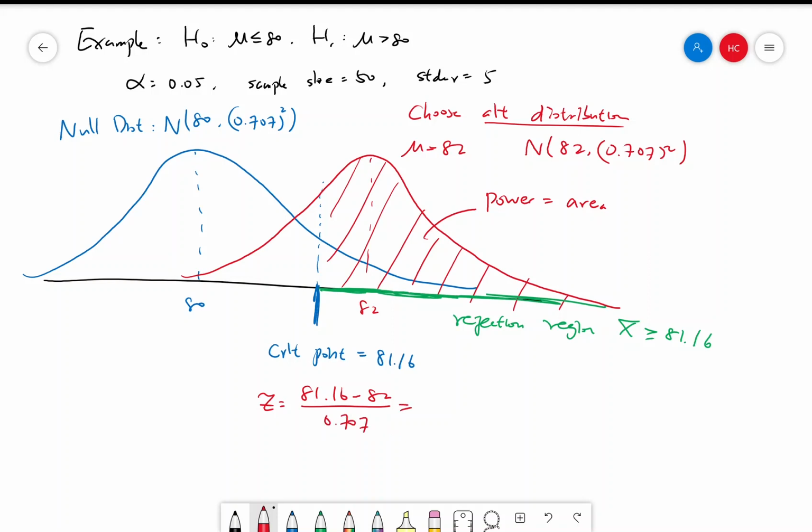So this is equal to negative 1.19. If you look at the table, the area to the right of negative 1.19 is equal to 0.8830. So this is our new power, which indicates that with the alternate distribution mu equal to 82, the power is way higher. So this test is way better. All right.